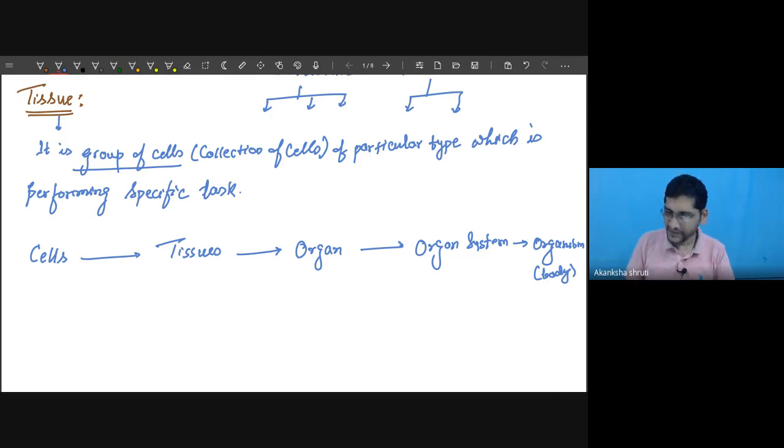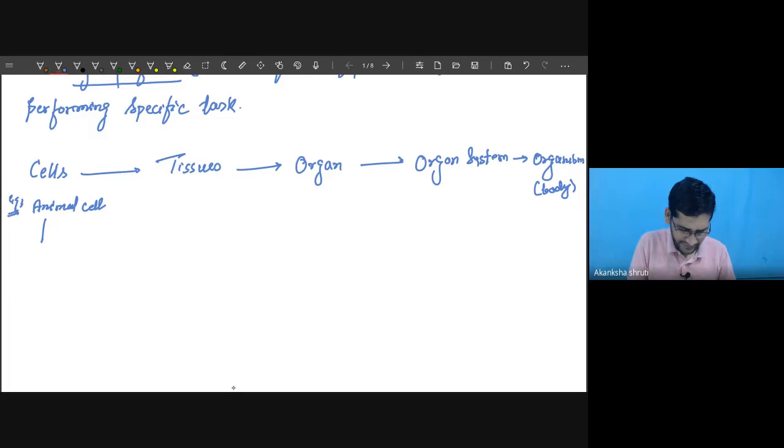What are the examples? Cells are of different types. For example, we have learned that even in the human body there are various types of cells, like bone cell, nervous cell. So right, cells are of different types. It may be your animal cell, it may be your bone cell. The other one is nervous cell.